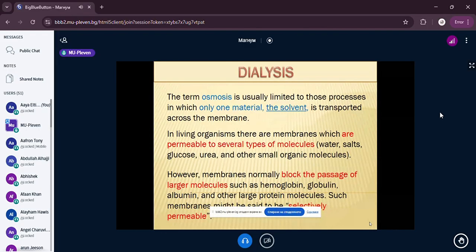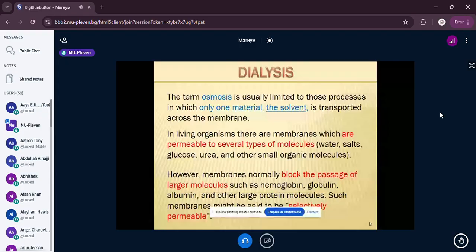However, the main difference is that not one type of molecule, such as the solvent molecule in case of osmosis, but more than one type, several types of molecules, can cross the membrane. This is the only difference.